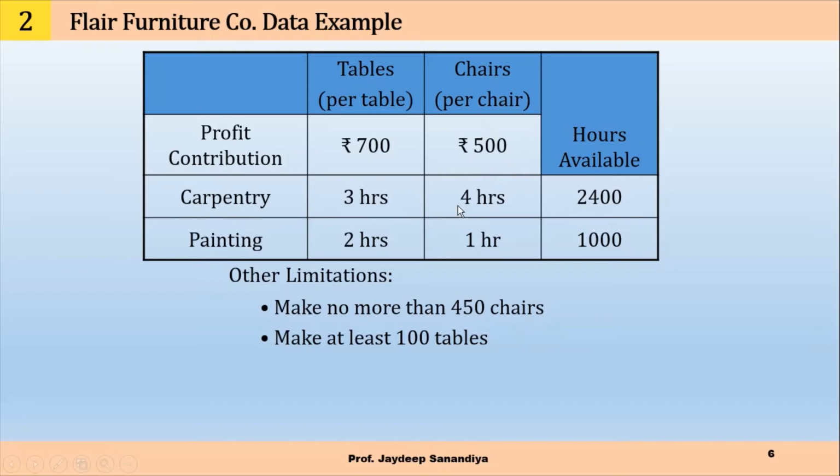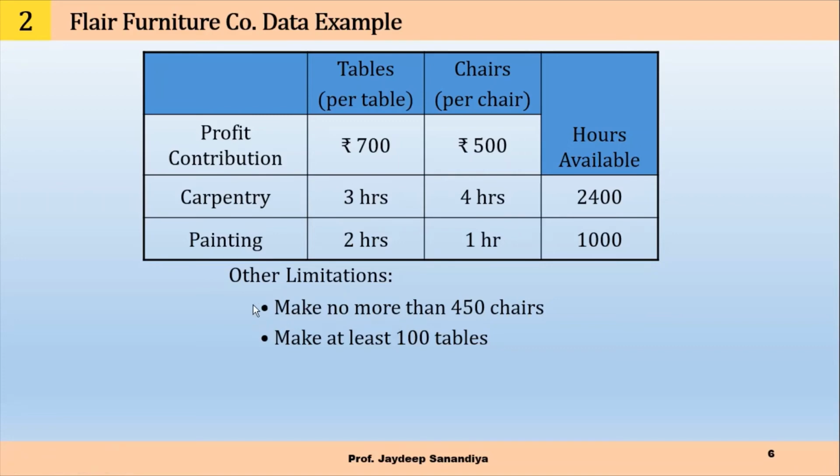So the production quantity of chairs is also limited. You cannot produce more than 450 chairs, and make at least 100 tables. Whenever you see this kind of wording, you should be more careful.